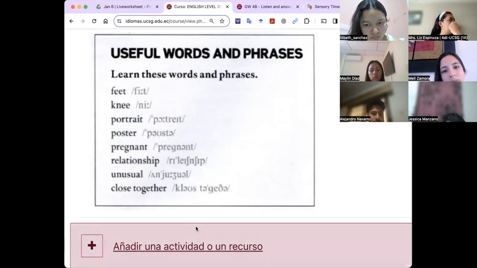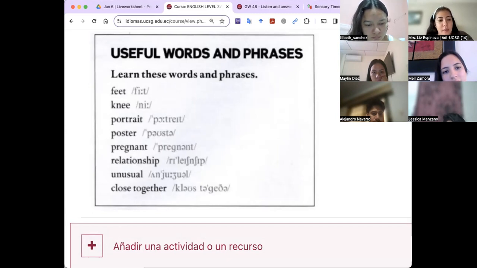Posture. Poster. Poster. And the next one, Jessica.